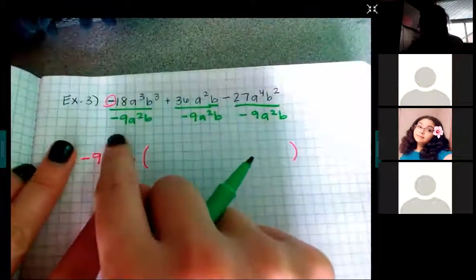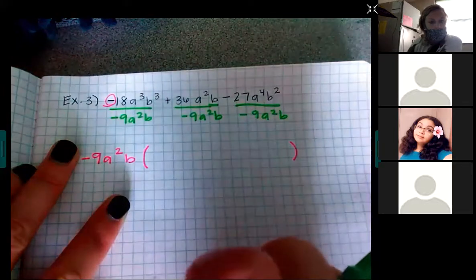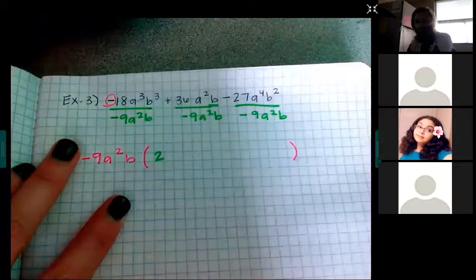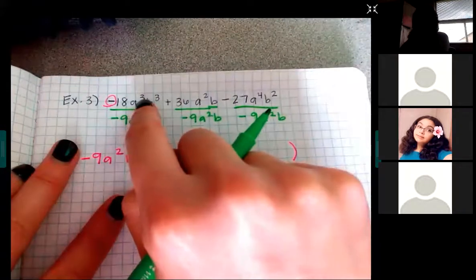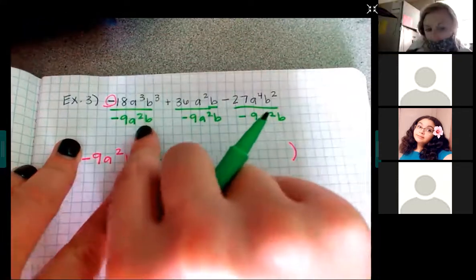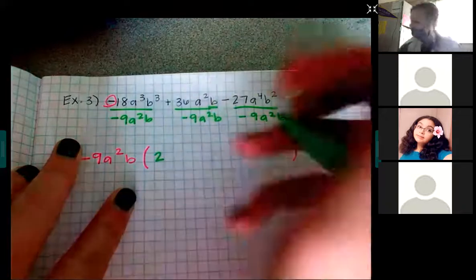All right, I think my in-class kids are already dividing, so people at home, I'm gonna talk to y'all. What's negative 18 divided by negative 9? 2, good. I had 3 A's. Kershaw, make sure you're looking. I had 3 A's. How many did I take out? 2. So how many are left? 1. Very good.